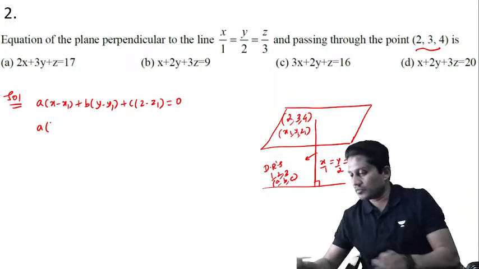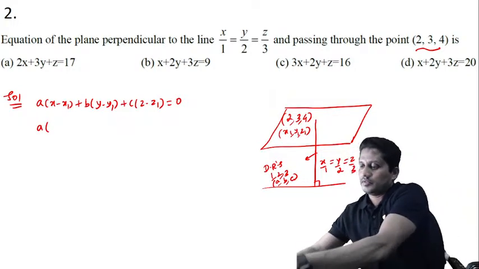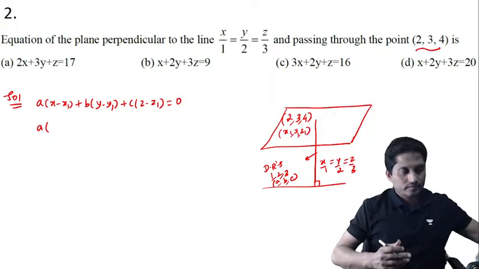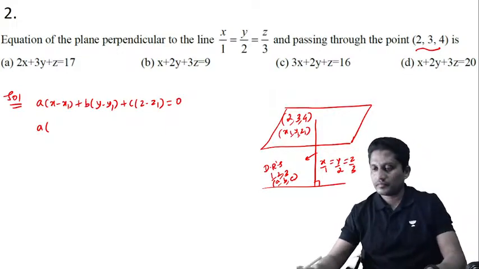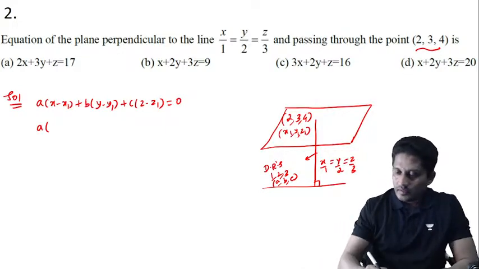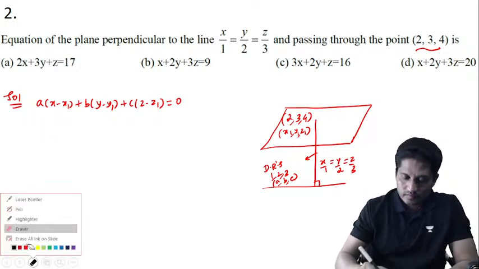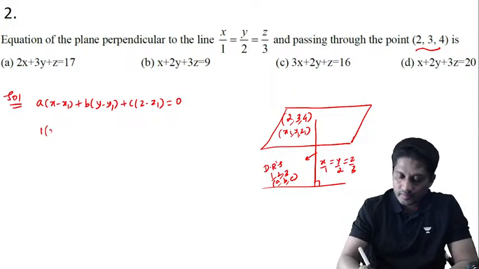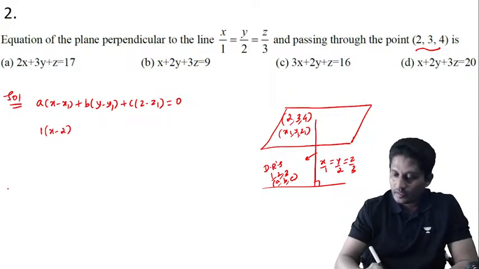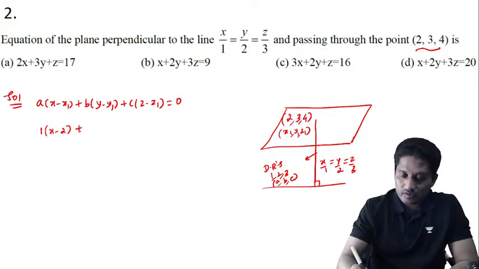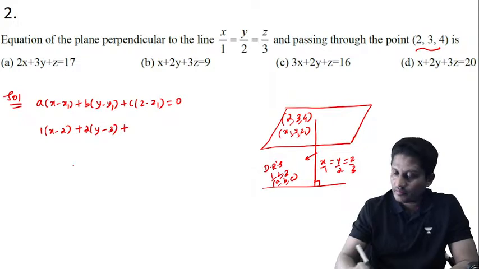So a is equal to 1, a into x minus x1 plus b into y minus y1, that is 2 into y minus y1, plus c into z minus z1, c is equal to 3, z minus z1 is 4, is equal to 0.